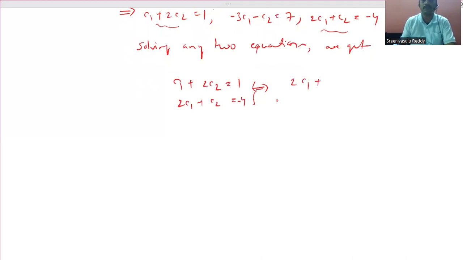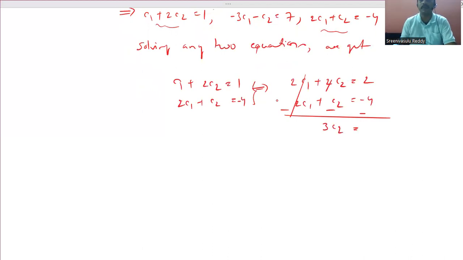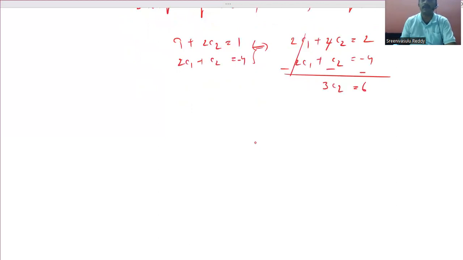So multiply the first equation with 2 and the second equation with 1, because the C1 coefficient in the first equation is 1. Now subtracting, it becomes negative. This value is 3C2, and this value minus into minus plus 2 is 6. That implies C2 equal to 3.